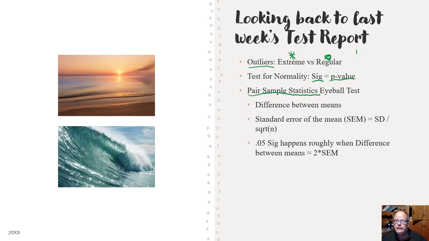So by looking at this beginning data, you can see that the difference between the means is in fact greater than 2 times the standard error of the mean. So at that point, just eyeballing it, we can expect that this difference is going to be significant. And once we get down and see how the test actually ran, we can verify, yes, that is what happened. All right.